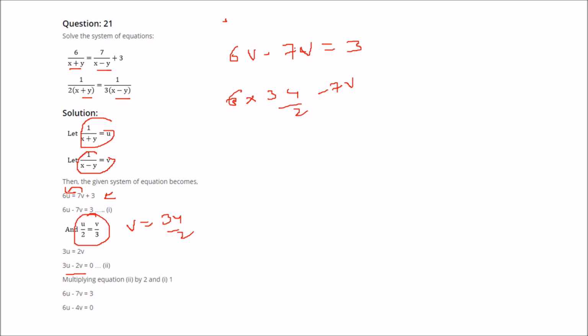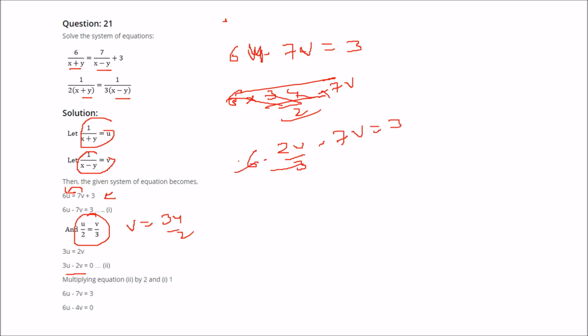Or let me write u equal to 2v by 3, so 6 into, in place of u I am writing 2v by 3, minus 7v equal to 3.